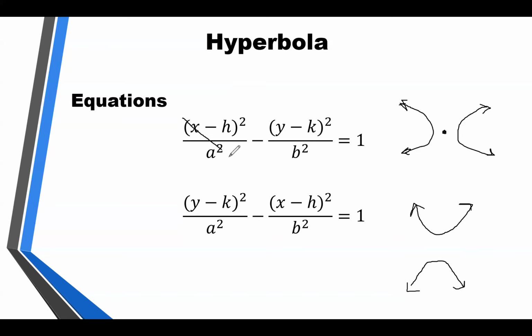However, if I cancel out this term, there's no opportunity to move in the y direction to make this equation true. And that's obvious because on the left-hand side, I have a negative number, and on the right-hand side, it's equal to positive 1. So that means moving in the y direction, I can never hit a point if I start at the center.